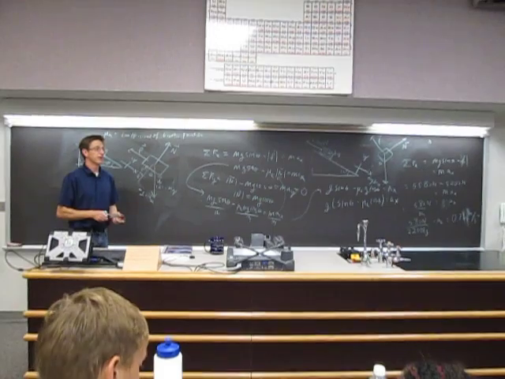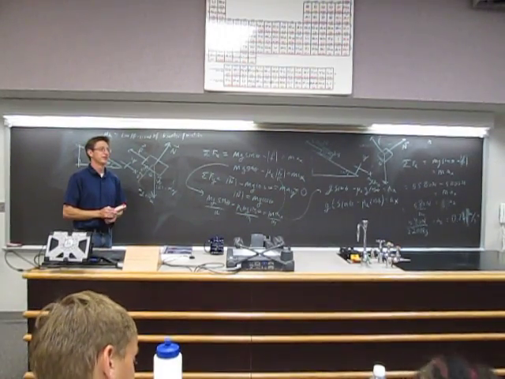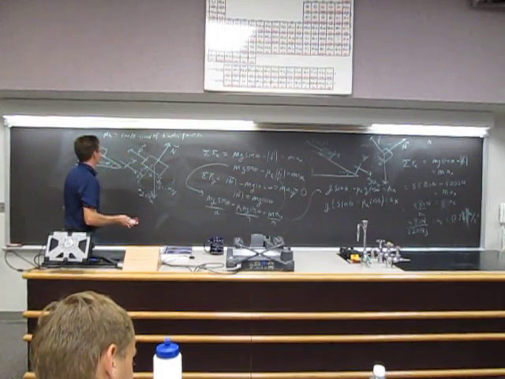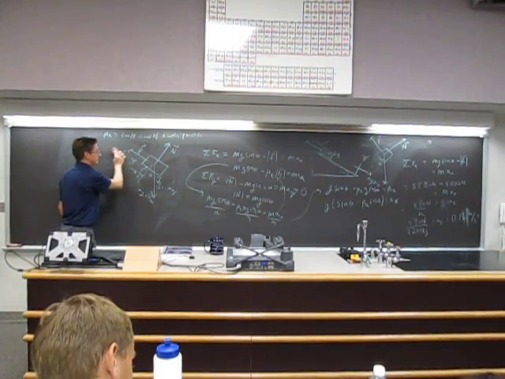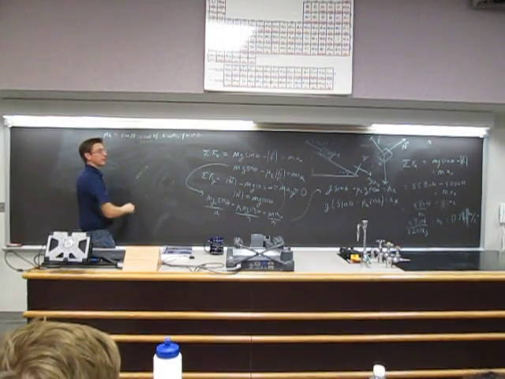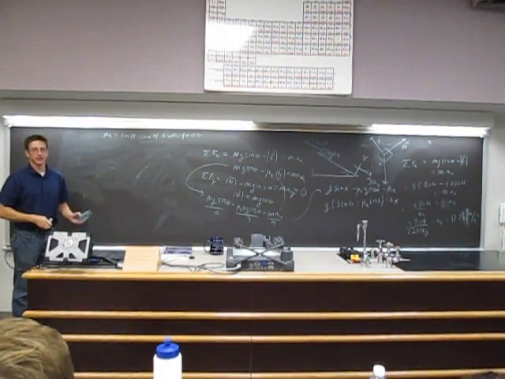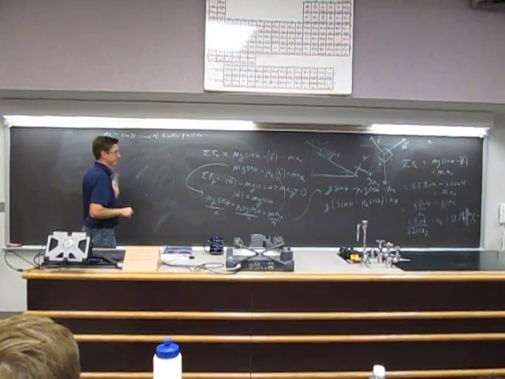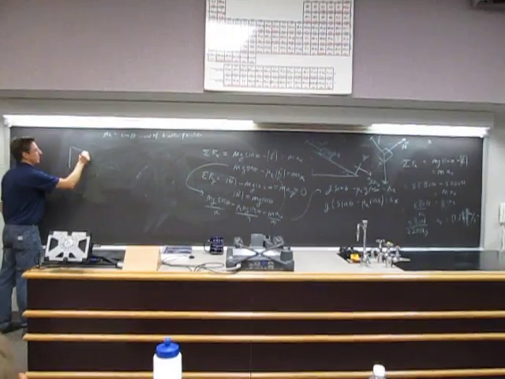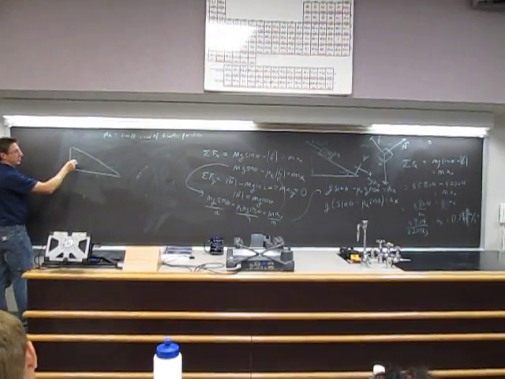So you want to do a quick example with numbers? Sure. This one will be a slight twist on what we just did. So, let's say I have a block on a plane.